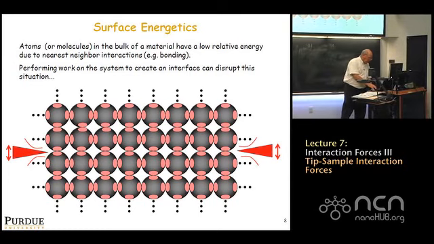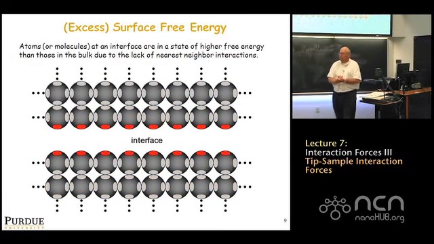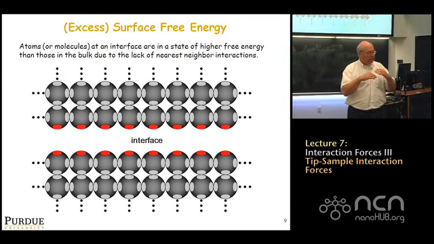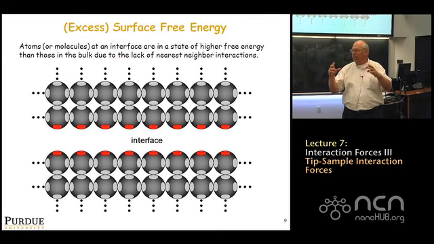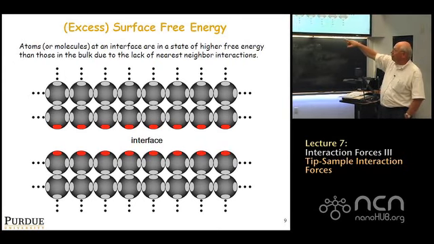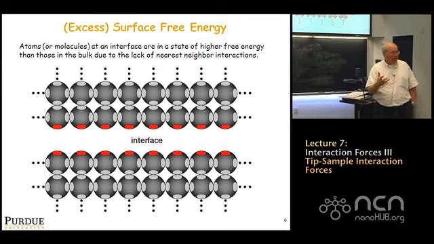So you say to yourself, well, why would you require work to do that? Well, in the process of separating one surface from the other, you disrupt this periodic interaction of all the atoms, one with respect to the other. And now you've created an interface, and the atoms at that interface have nothing to interact with.